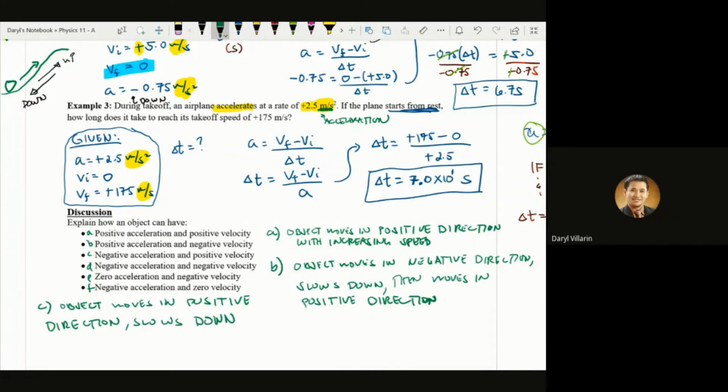Okay, maybe you can just stop there, or you can extend it, then it moves in the negative direction. Because later on we will try to generalize these things.